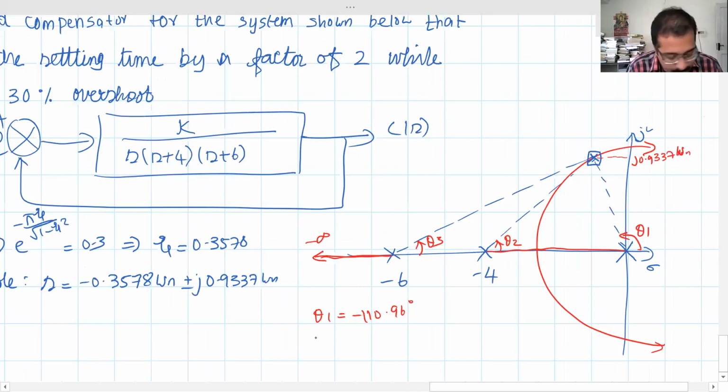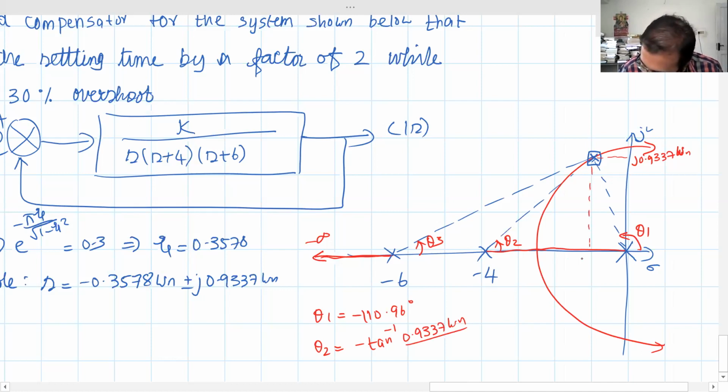Fine. And theta 2 will be how much? Minus tan inverse of 0.9337 omega n divided by this distance.